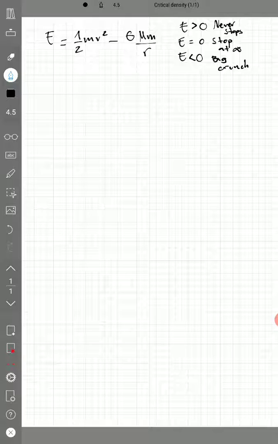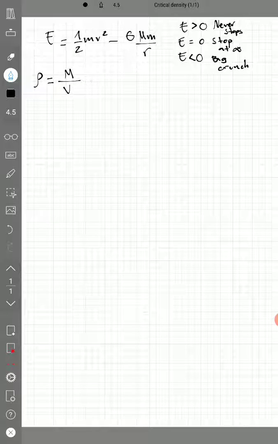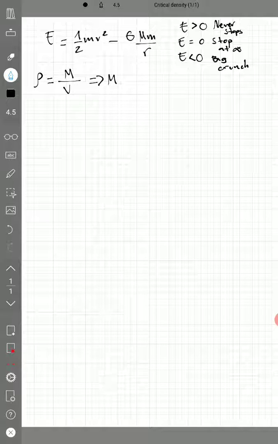Okay, so we want to know what the role is of the density in the middle of this. So that means that we're going to have to somehow include the density of the universe. So we're going to take ρ as the density of that cloud, and that cloud, which represents the universe, has a density that is equal to its mass over its volume, obviously, and then the mass of that cloud, the mass of the universe, will be the density times the volume.